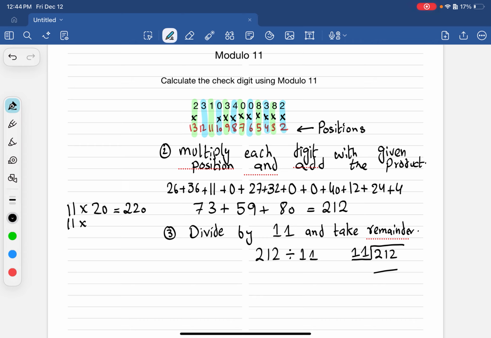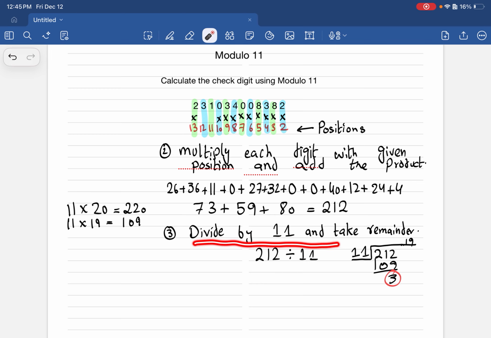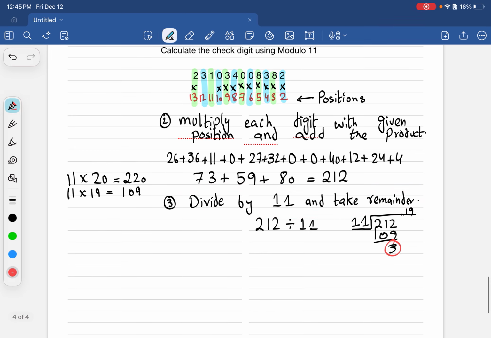So maybe let's try 11 times 19, which is just going to be 220 minus 11, right? So that's going to be 209, and that's what we get when we multiply it with 19. So the remainder that we are getting over here is going to be 3, and that's exactly what we needed, right? We needed to divide by 11 and take the remainder.